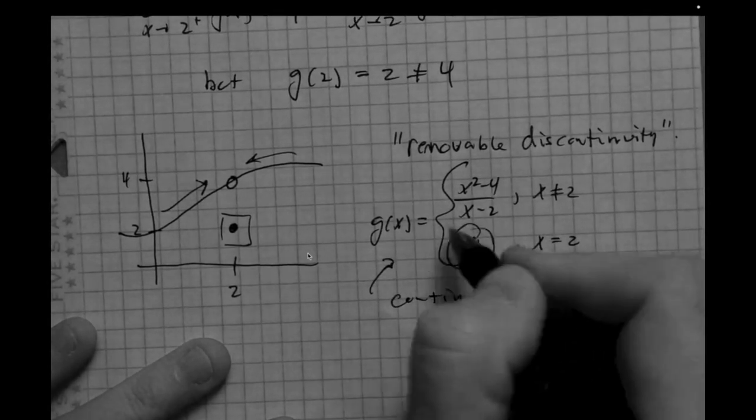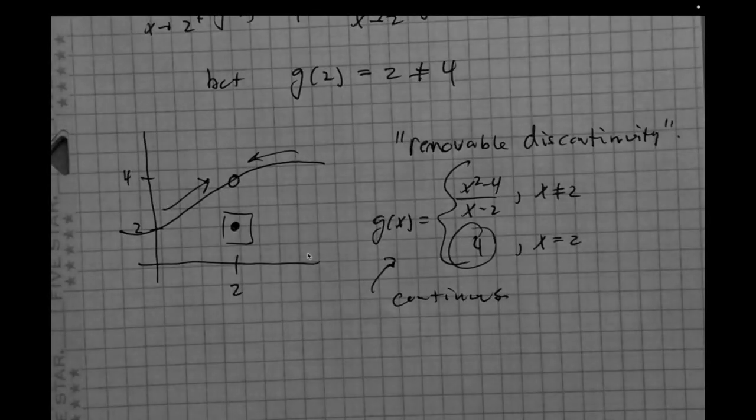You just changed this one point. So the function can be made continuous at x equals 2 by a redefinition at the point x equals 2. So this is what's called a removable discontinuity, because it's just one point. The left and right hand limits agree. It's just this one point. Okay, so that's the first type of discontinuity.